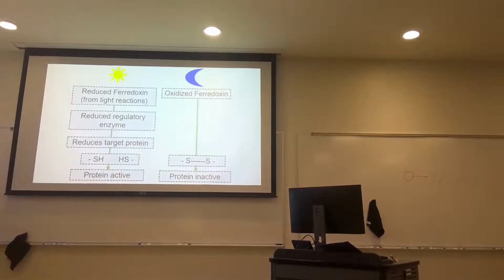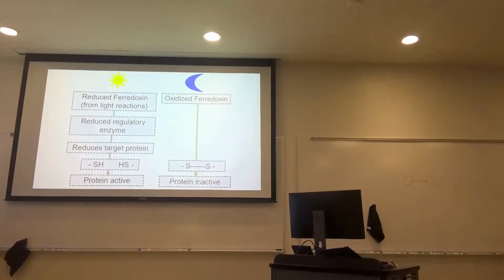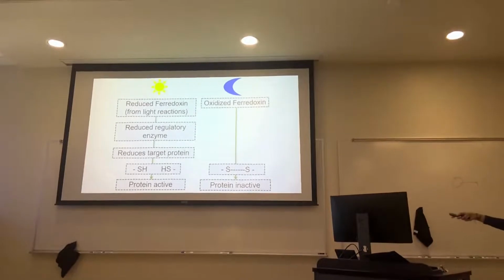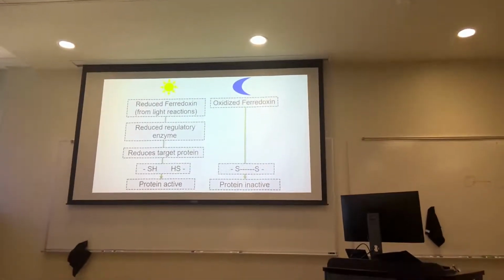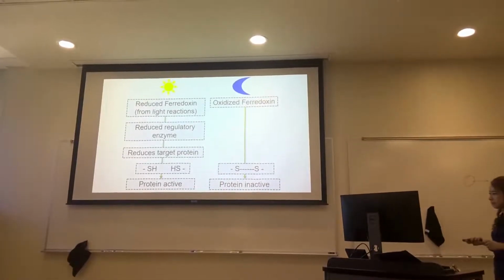And when there's no light, thioredoxin is oxidized because there's no electron cycling, because there's no photosynthesis happening. So these specific bonds, these cysteines, are oxidized, and then the protein is inactive.